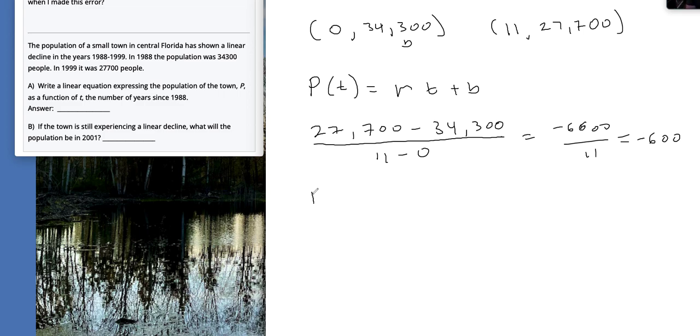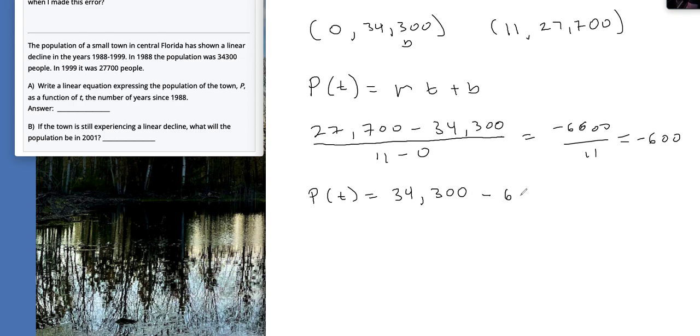So its population as a function of time, the change, and a lot of times when they're like this, they'll put this number first, and it doesn't matter. I think it showed the answer this way when I looked at it, so I'll do it that way. They started off, and I kind of like it for this problem actually, the town started off at 34,300 people, and then it's going to lose 600 people every year.